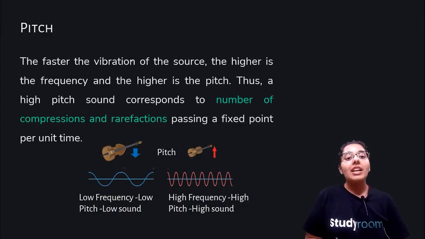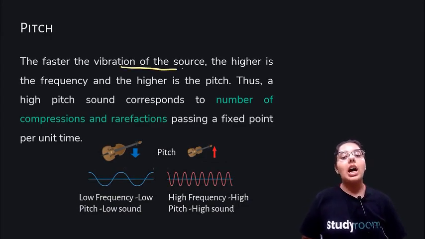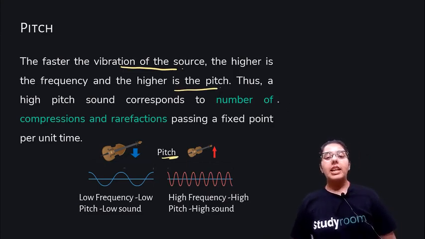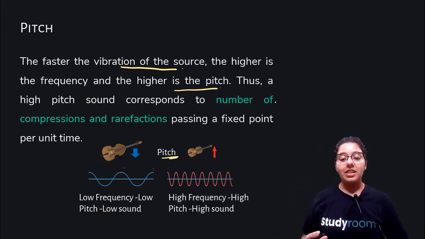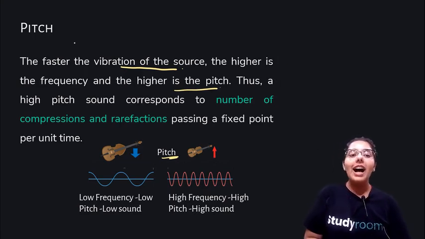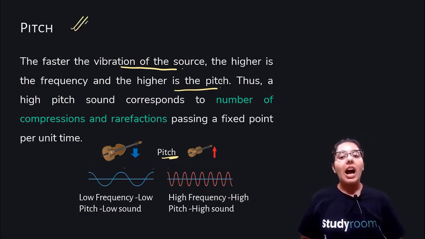Pitch. The faster the vibration of the source, the higher is the frequency and the higher is the pitch. So pitch deals with the shrillness of voice. For example, I say, hello. And I say, hello. So, this hello has a higher pitch. So, higher is the frequency, higher is the pitch.